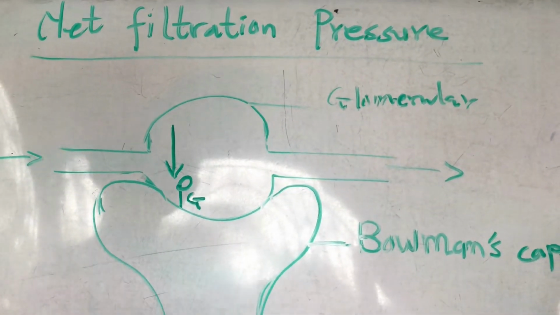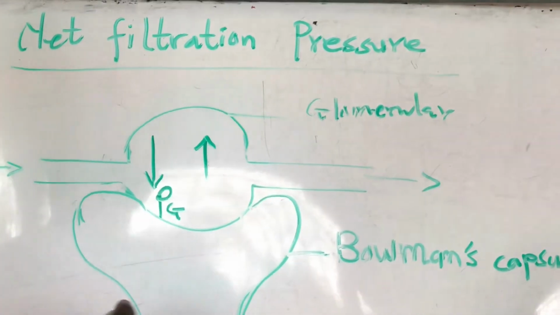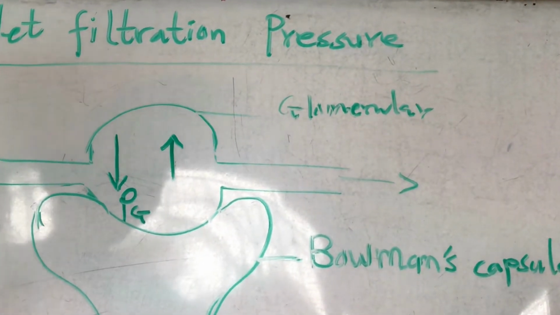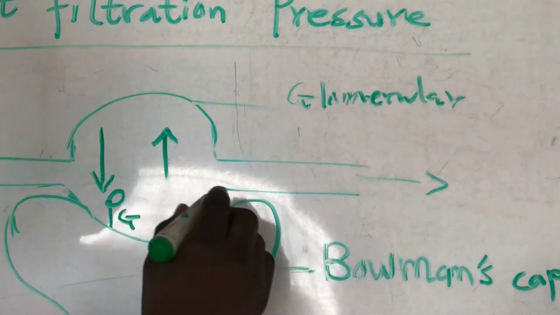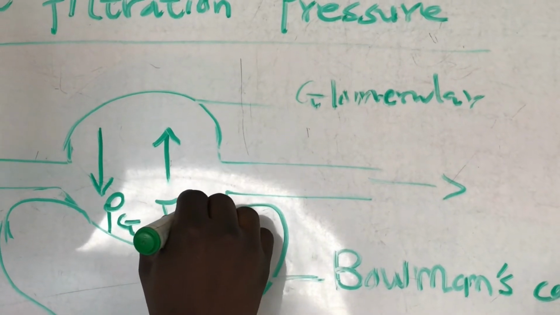The oncotic pressure tends to pull fluid in the glomerular capillary. So the glomerular oncotic pressure opposes the glomerular hydrostatic pressure.